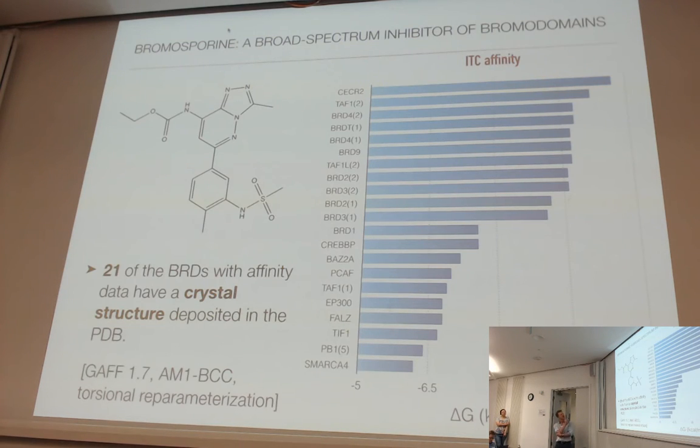We have this compound called bromosporine, which is a broad spectrum inhibitor of bromodomains, and lots of ITC data for this compound. We also have, for 21 of these proteins, a crystal structure in the apo form in the PDB. Now we've moved on to GAFF 1.7, and I'll come on to talk a little bit about torsional reparameterization as well. So there's a nice spread of free energies of binding to different bromodomains to explore.